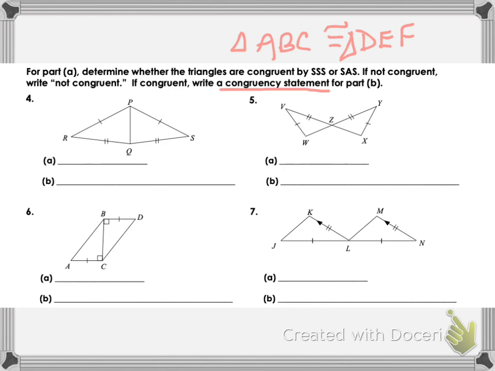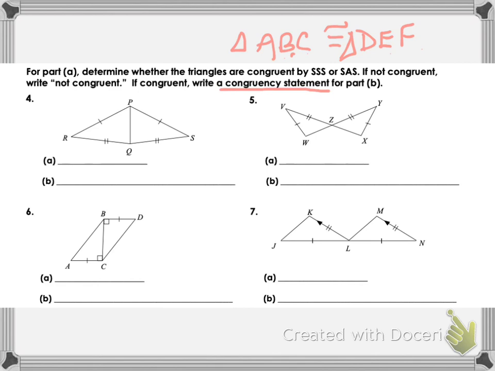For example, the angle at A should equal D, B should equal E, C should equal F. Segment AB should equal DE, BC should equal EF, AC should equal DF. So the order matters in how you write those statements, so you have to be careful.